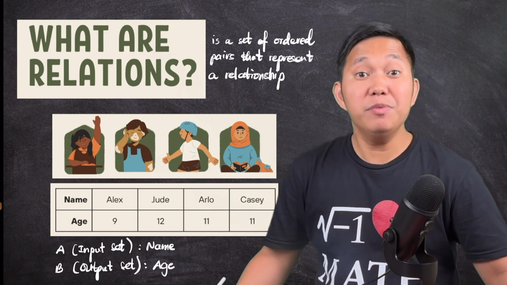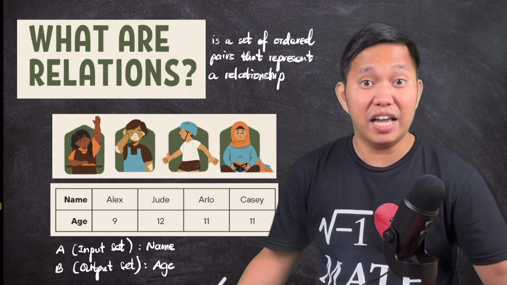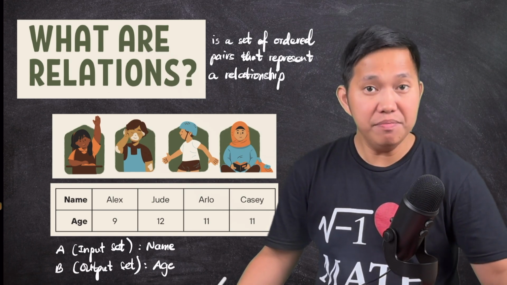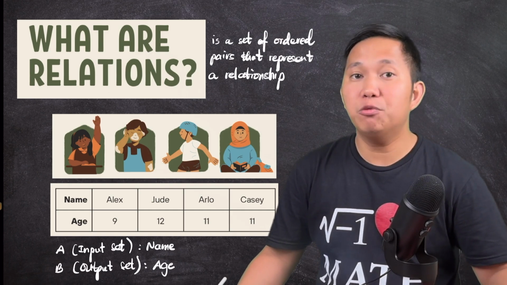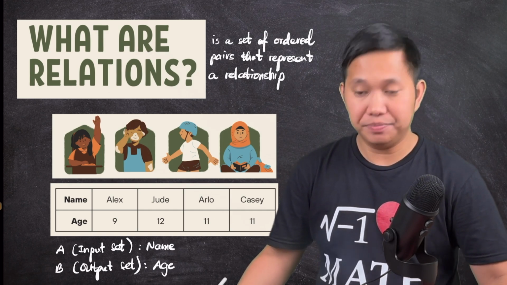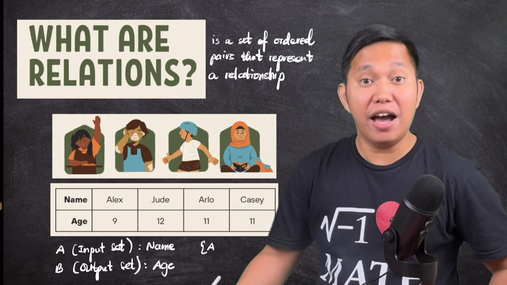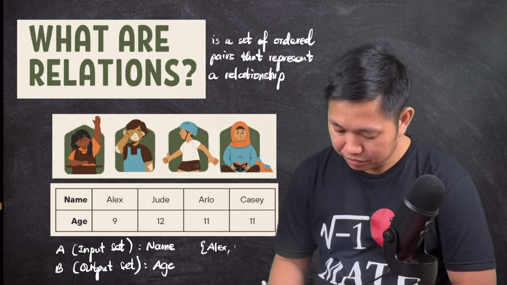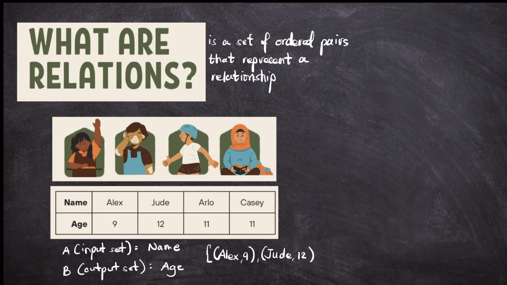To describe the relationship between these 2 sets, name and age, I can represent the elements of these sets as an ordered pair. Hence, we have the set containing the ordered pairs Alex, 9, Jude, 12, Arlo, 11, and Casey, 11.